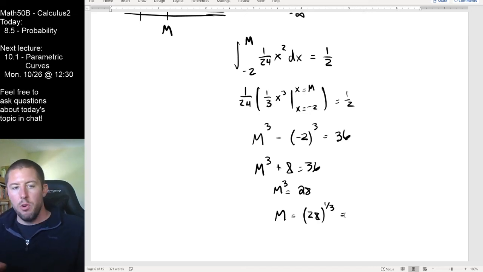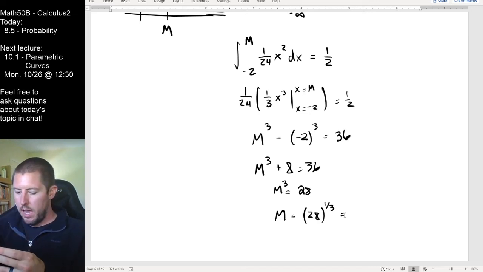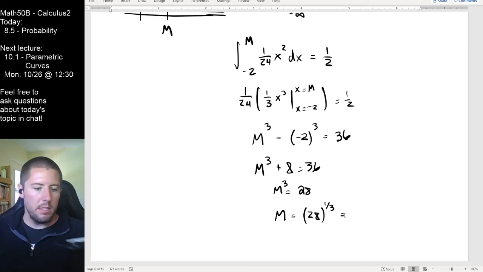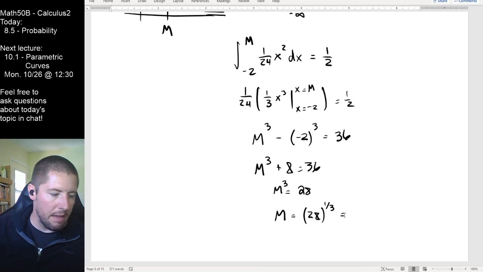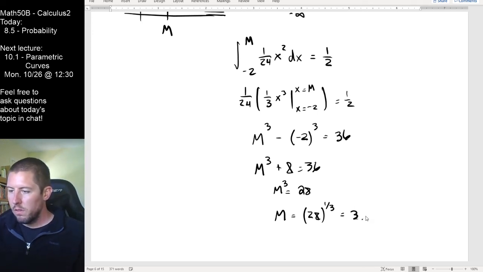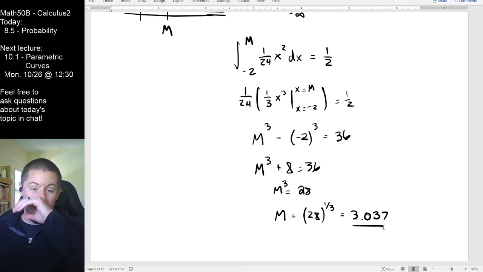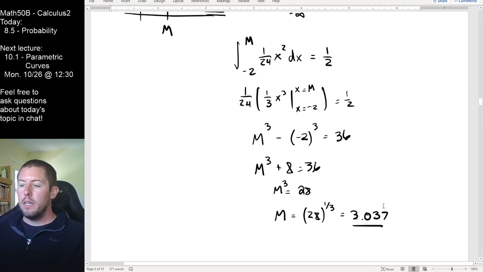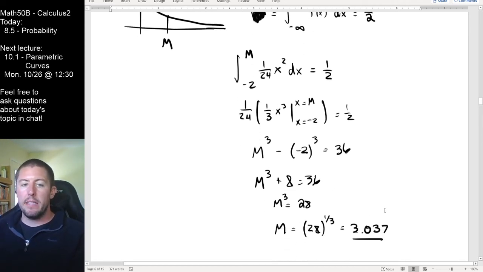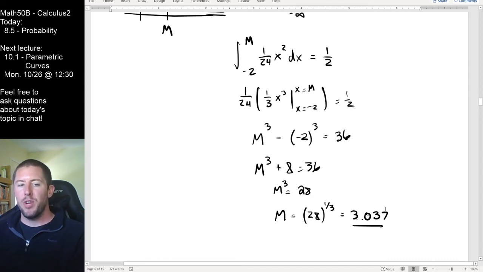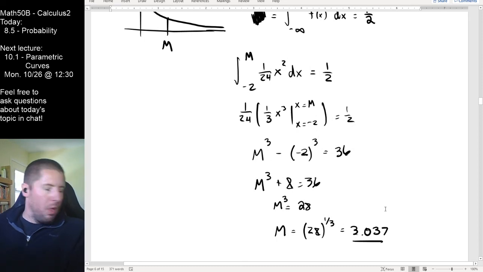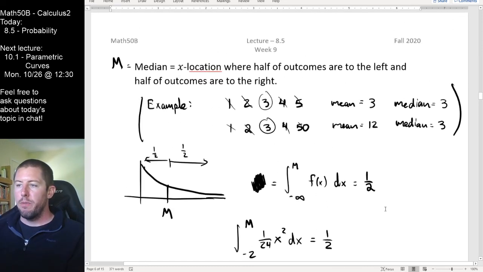And if I do the cube root of 28 right here, 28 to the power of 1 divided by 3, I get 3.037. All right, and so we've now computed the median here. We can see the median is a bit different than the mean, and what that's telling me is that we probably don't have a symmetric distribution. When the mean and median match, that's our good indicator that we have a symmetric distribution.